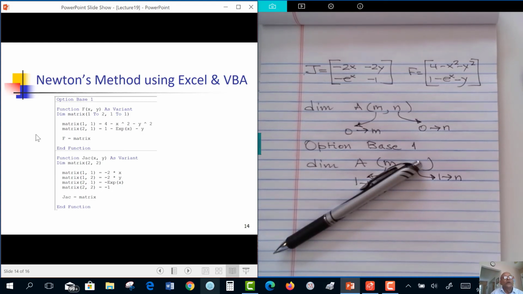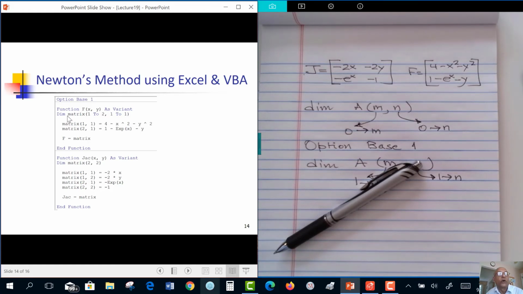So here I'm going to start by saying option base 1. So here is my function. My function is a function of xy, and I am going to make it a variant size, meaning that VBA will figure out from the context what type f is. Is it a single value?